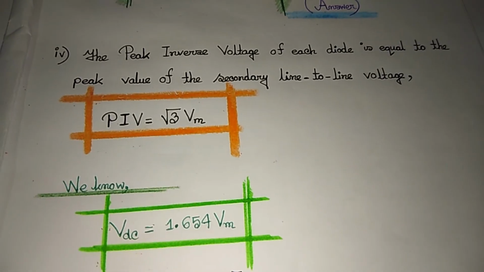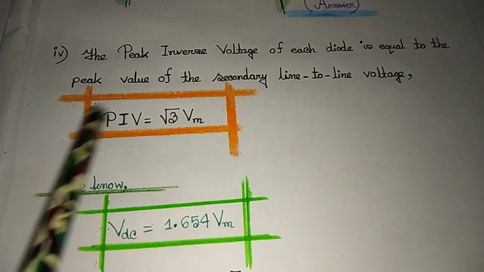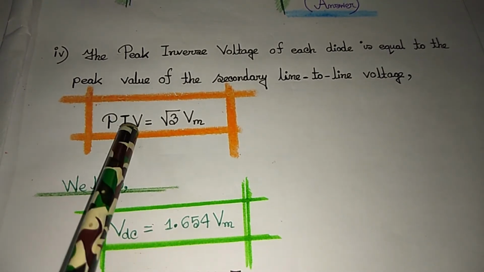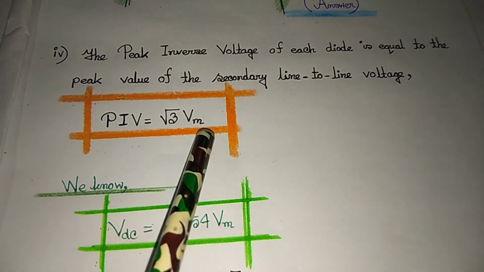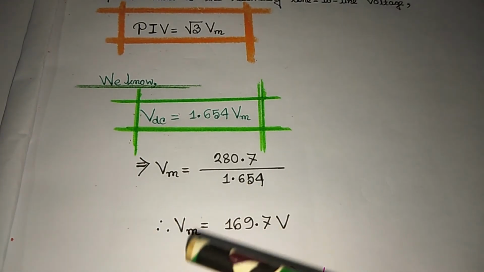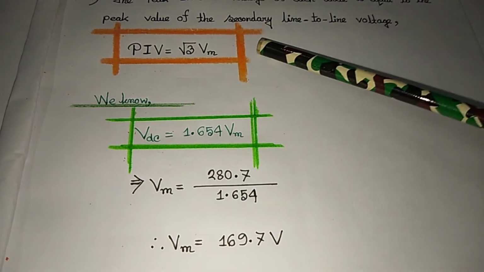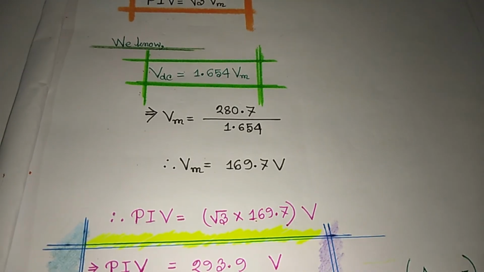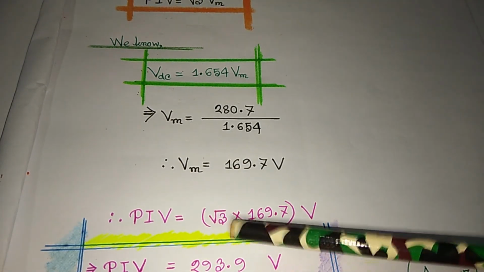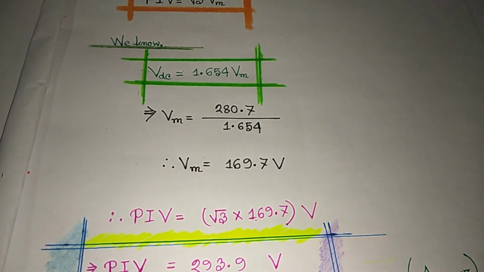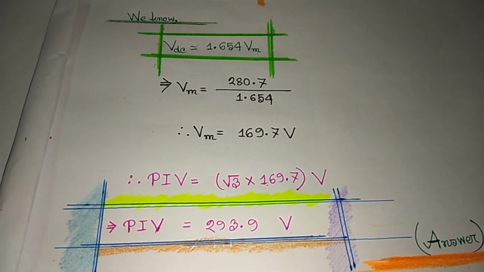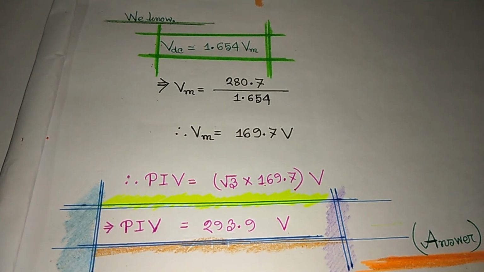Now, from this equation, we can see that PIV, that means peak inverse voltage, equals √3 into Vm. Now we know the value of Vm, so after putting this value of Vm in that equation, we will get peak inverse voltage equals √3 into 169.7. That means 293.9 volt.